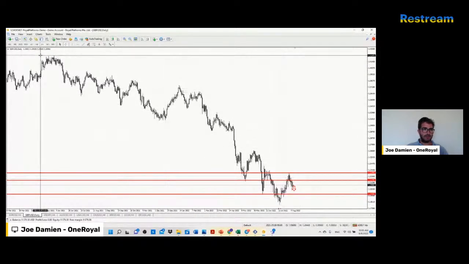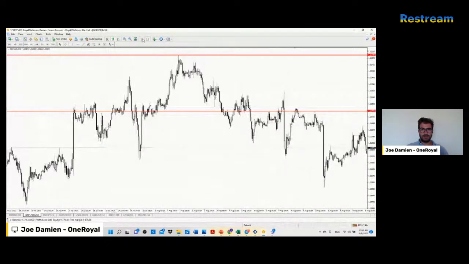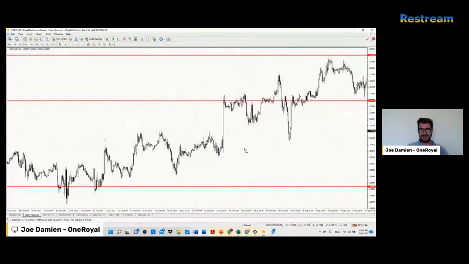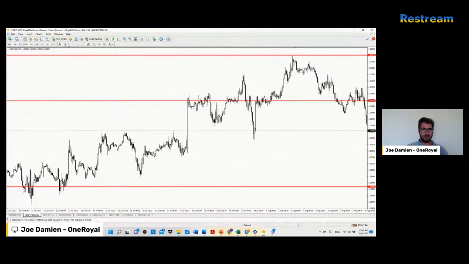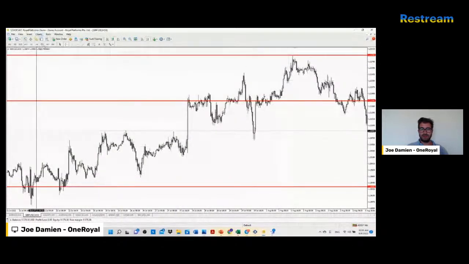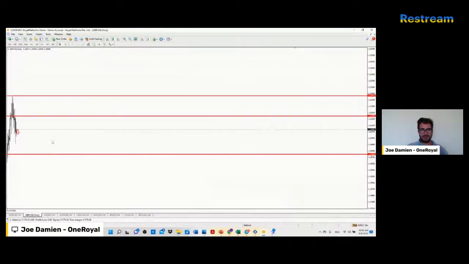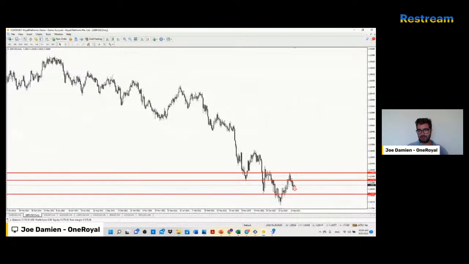So if I take the 30 minutes here, let's say this is the correction on the daily time frame, the correction from here till here. On the higher time frame, it is a correction. On the lower time frame, it is an uptrend. So you should know this difference in time frame. Anyway, on the higher time frame, the market is moving to the downside, lower highs, lower lows.